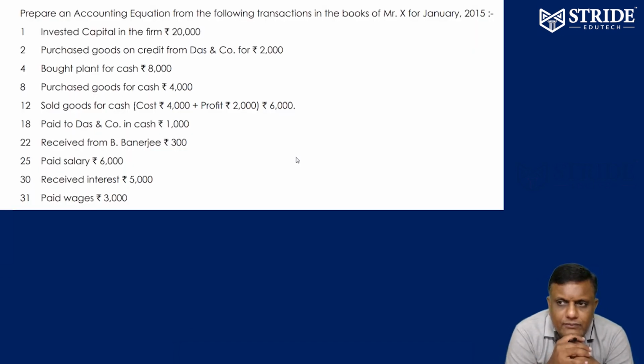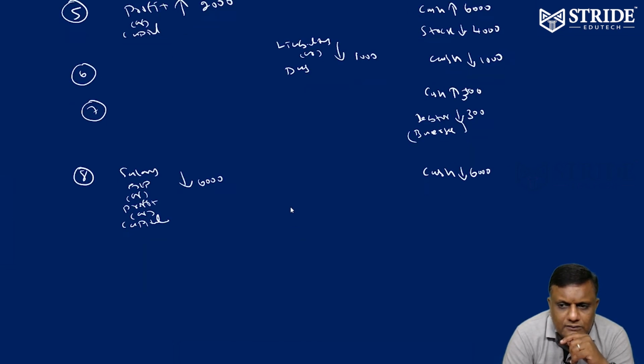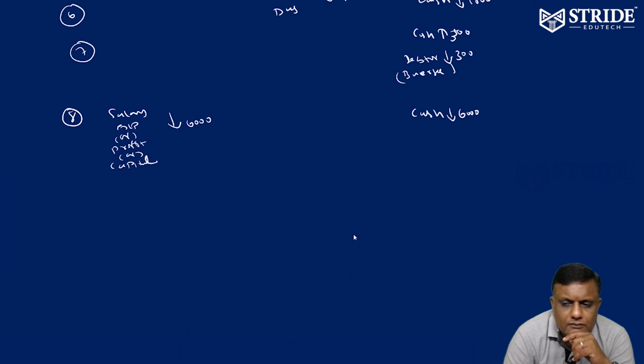January 30. Received interest 5000. So here interest is an income. Cash comes in. Cash increased by 5000, income increased by 5000, profit increased by 5000, capital increased by 5000.